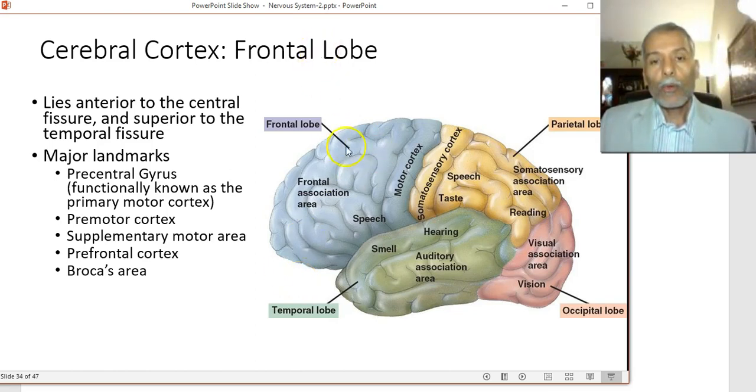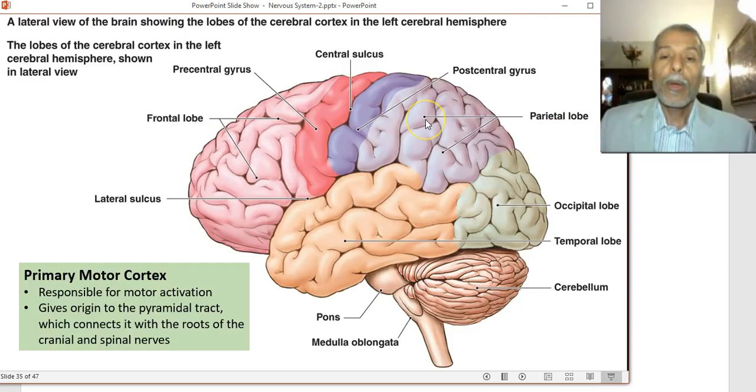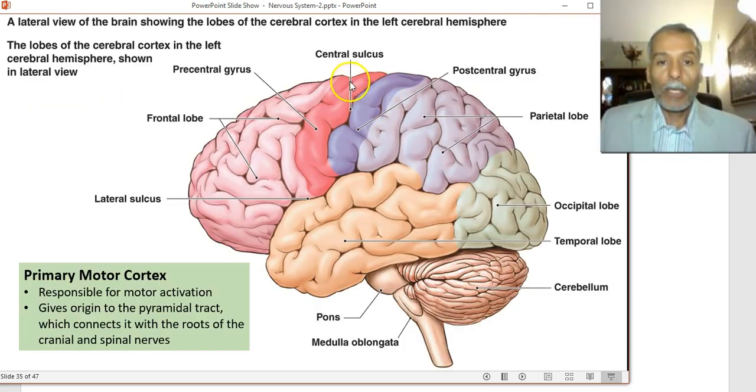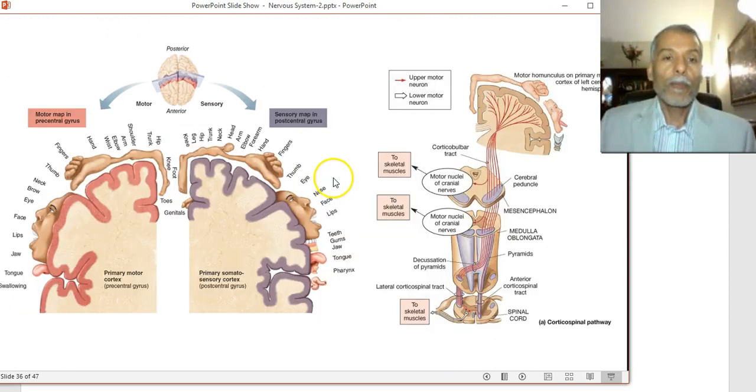So the frontal cortex, that blue part, has this motor. You don't have to worry about the little structures, but this area here is your motor cortex, which is responsible for voluntary movement, and it has a map. We are speaking about that red structure.